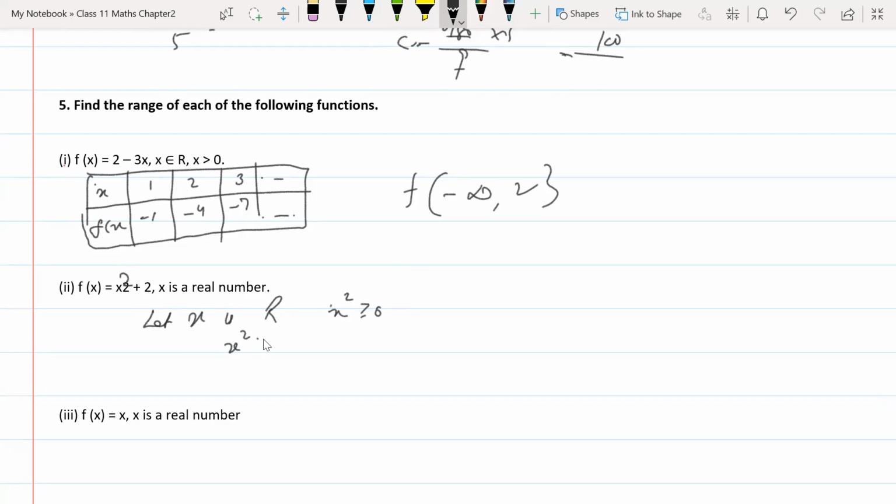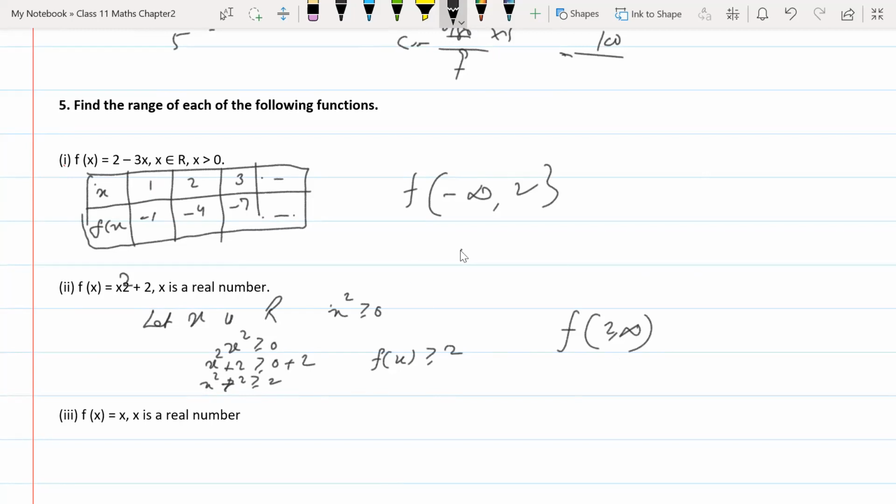If x square is greater than or equal to 0, then x square plus 2 is greater than or equal to 0 plus 2, so x square plus 2 is greater than or equal to 2. What is x square plus 2? It is f(x). f(x) is greater than or equal to 2. So the range is 2 to infinity.